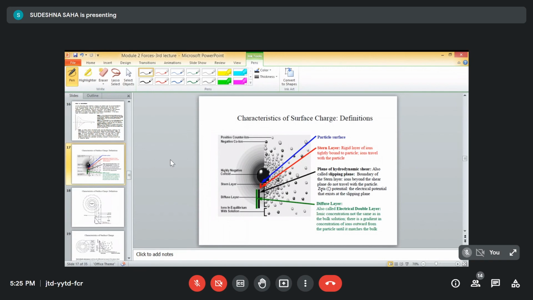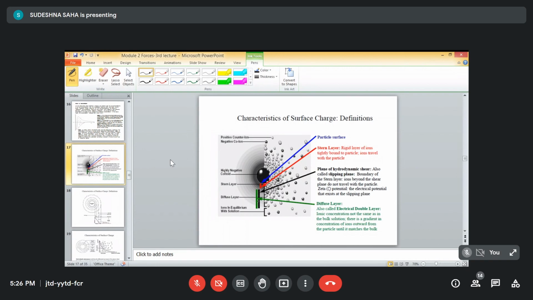You can measure the potential at this slipping point, which is known as the zeta potential. So this is the zeta potential, or plane of hydrodynamic shear.